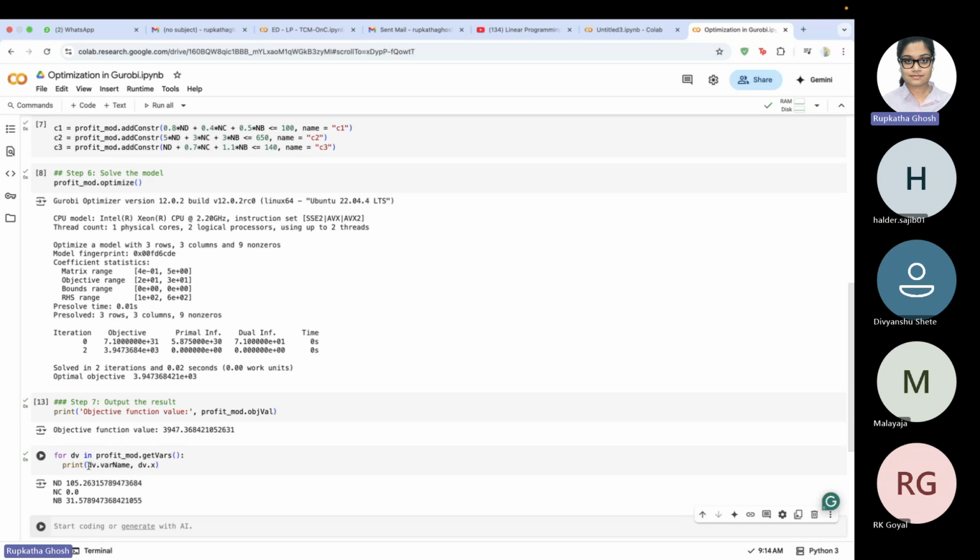But I wanted a better representation of the same. So your string placeholder is dv.var name, and percentage G is nothing but your floating point number placeholder. It is taking the value of dv.x. And if you compare it with the Lindo output that we had gotten in the earlier class, it is the same.